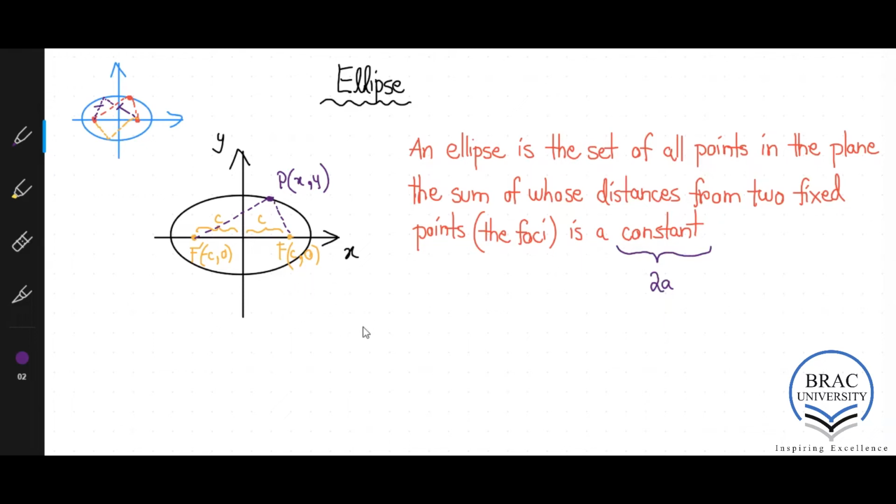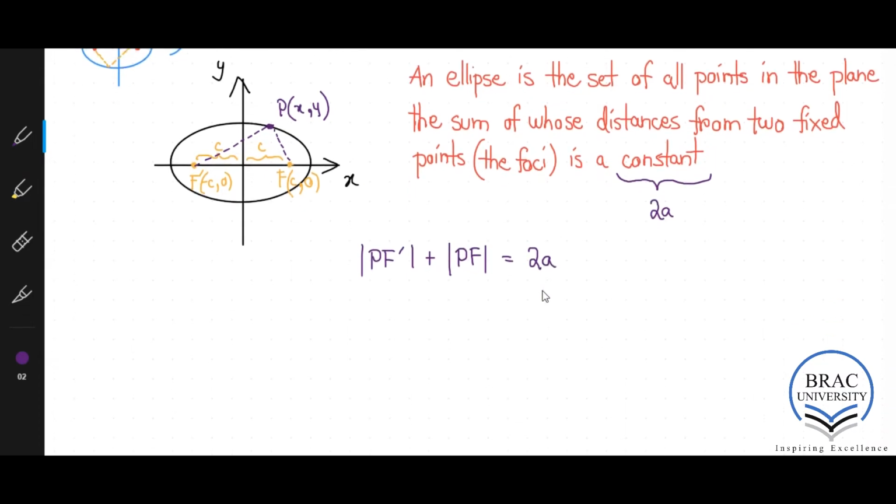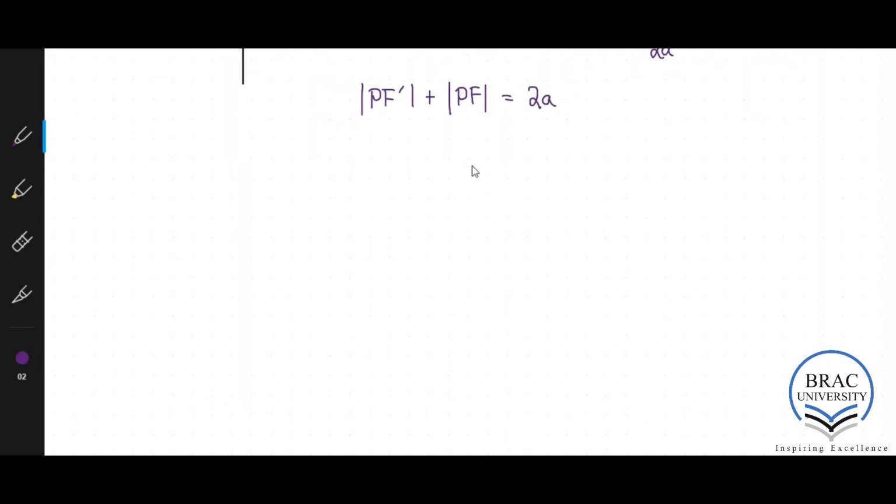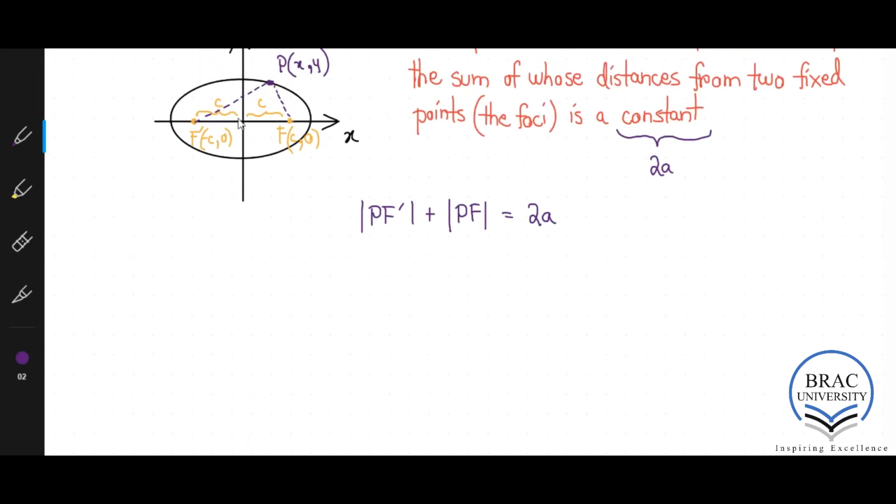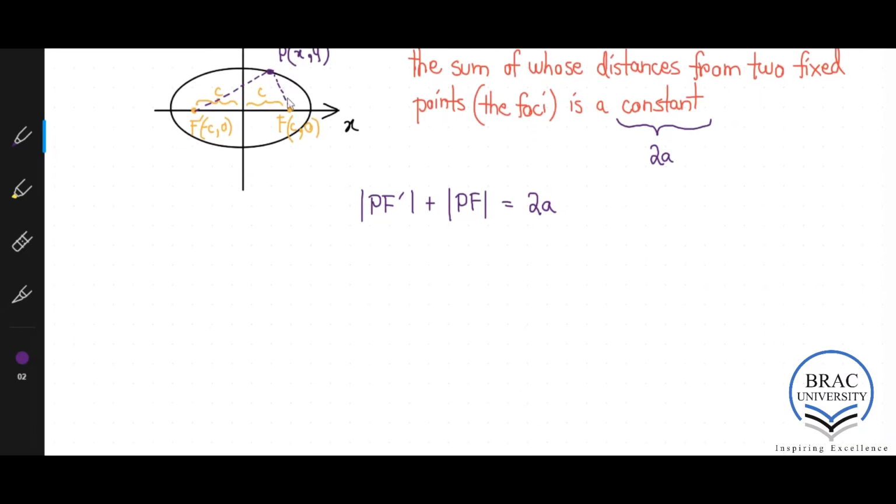and we can calculate the magnitude of Pf prime plus Pf, which should be equal to twice of a, the constant. Using the graph, you can calculate the distance between these two points and the distance between these two points, which will turn out to be square root of x plus c squared plus y squared plus square root of x minus c squared plus y squared is equal to twice of a.